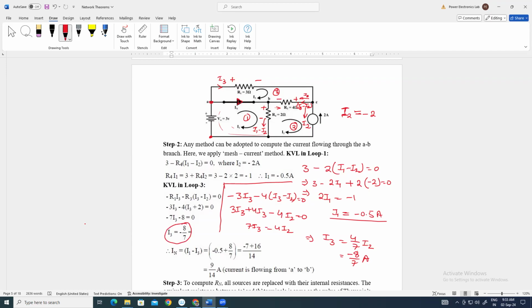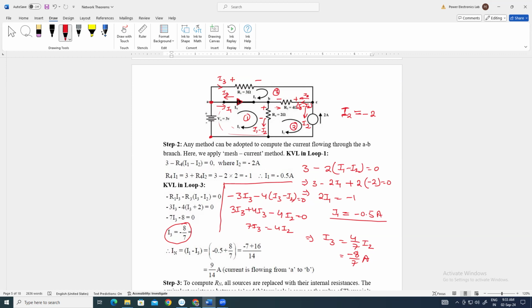So what will be the value of the Norton current, IN? Current I1 is flowing this way, and current I3 is flowing this way. IN is nothing but the current in the direction from A to B, so you can see here that I1 should be dominating.